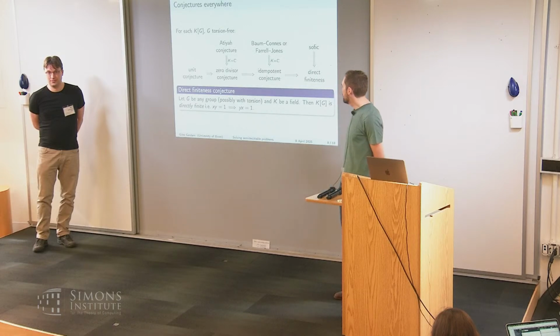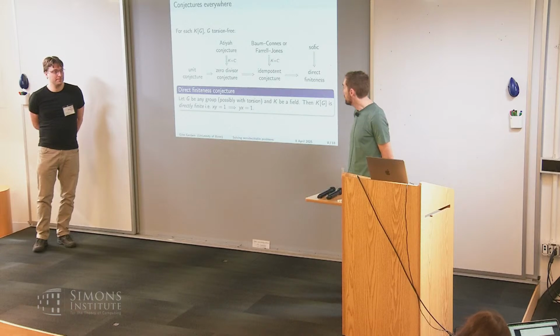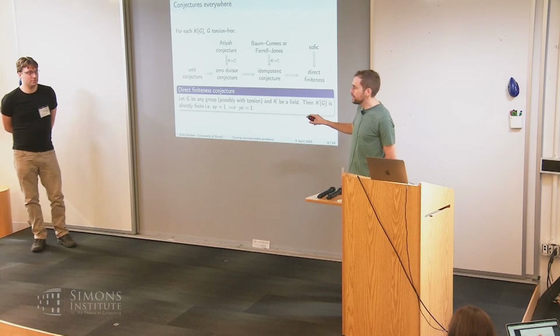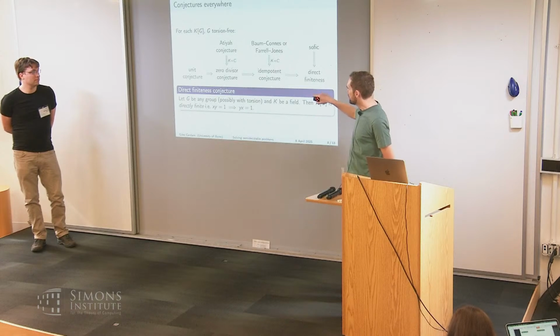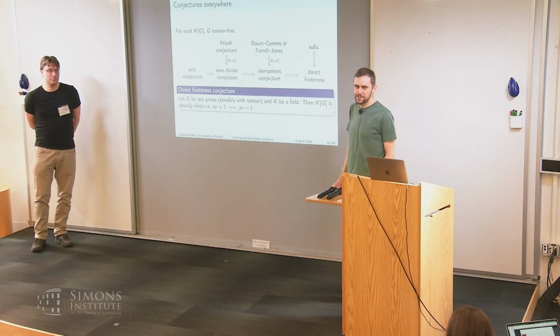Yeah. So I think you can phrase it in a very similar way, but it's certainly very hard. I mentioned that we have a lot fewer groups which are candidates for the zero divisor conjecture, and even fewer for the idempotent conjecture. Together, Baum and Farrell-Jones are known for a really large class of groups, but there still are groups for which they're open.